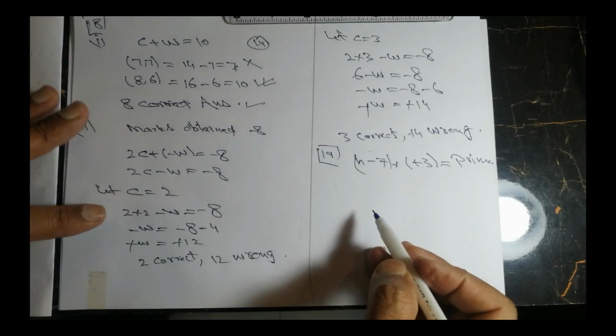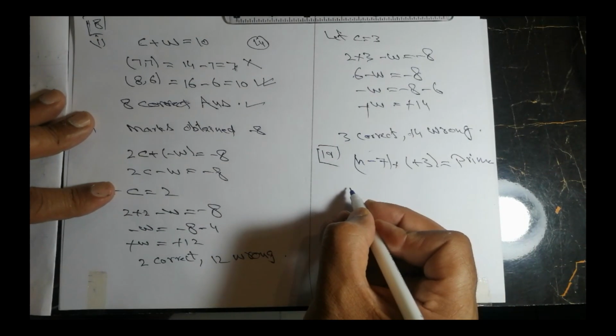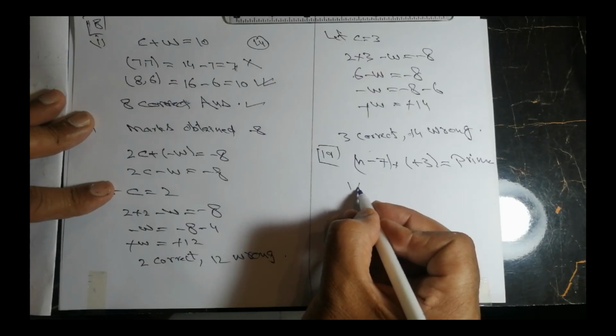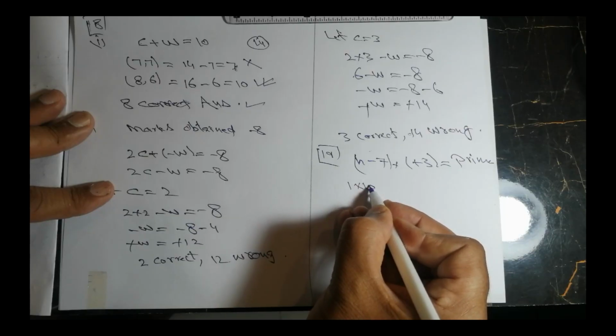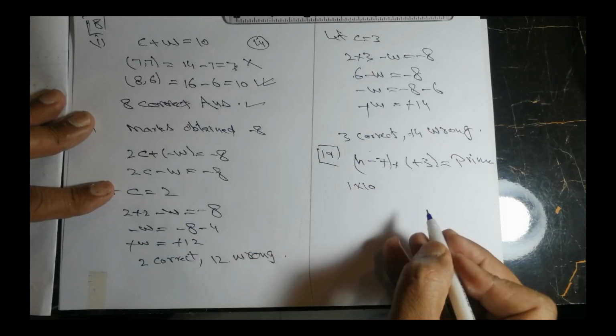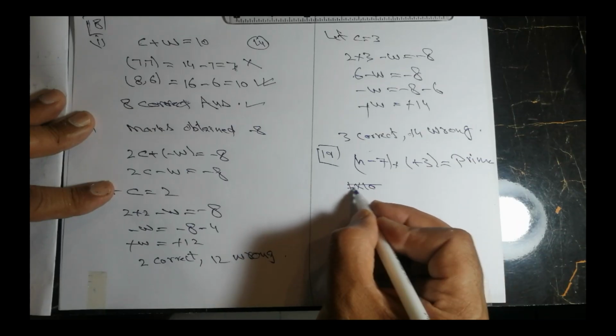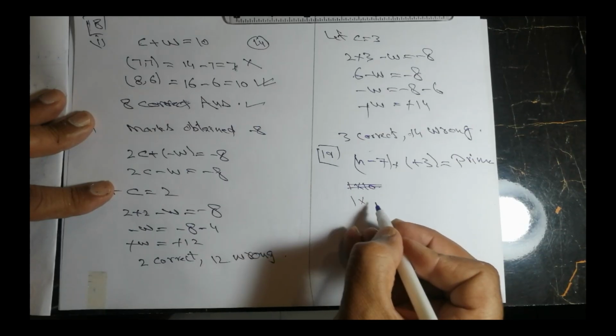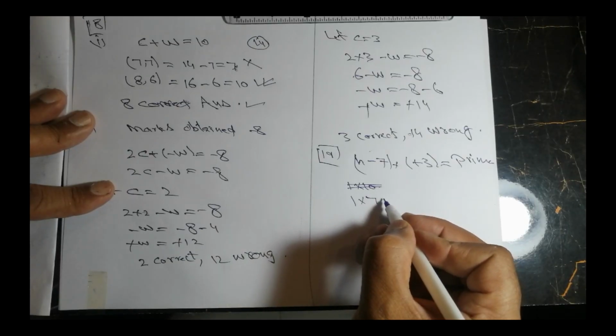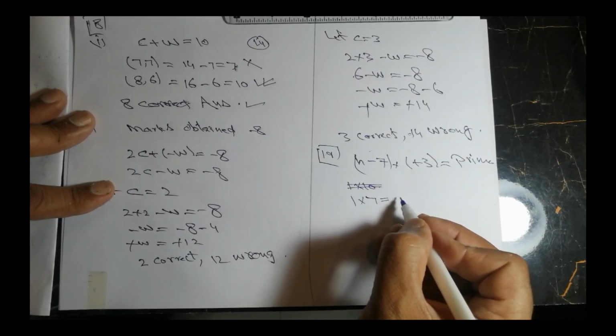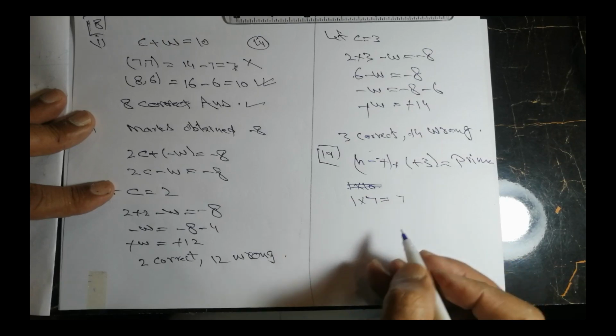If a number is prime, and there are two numbers whose product it is, for example, we can write 1 into 7, that is equal to 7, a prime number.